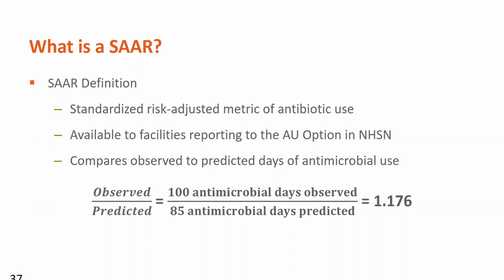It does use an observed to predicted ratio. The SAR is available to all facilities reporting data into the AU option for specific location types. We'll cover those location types in a few more slides, but here you can see that the formula for the SAR is simply the number of antimicrobial days observed, or what you've reported, that's your antimicrobial days or days of therapy, divided by the predicted antimicrobial days for that given category and location type.